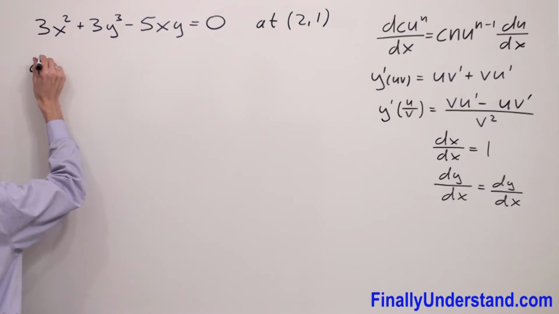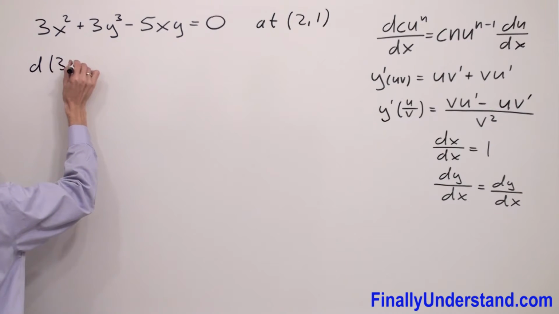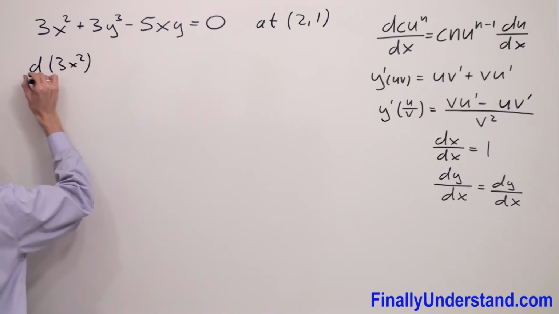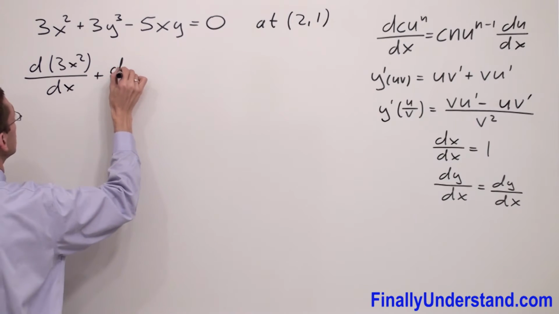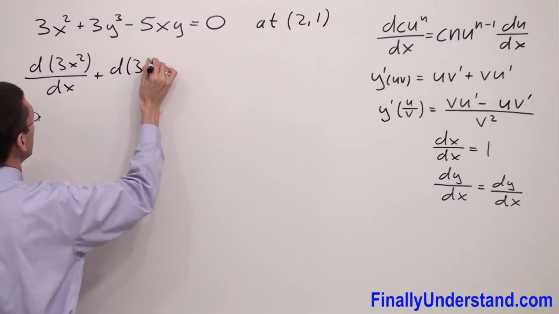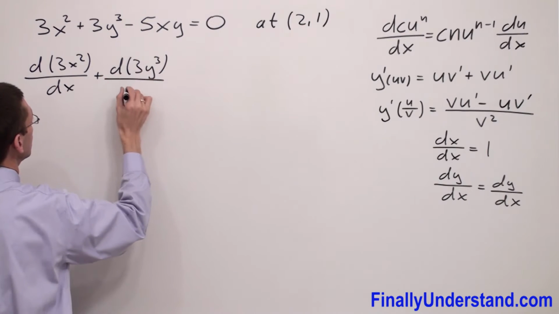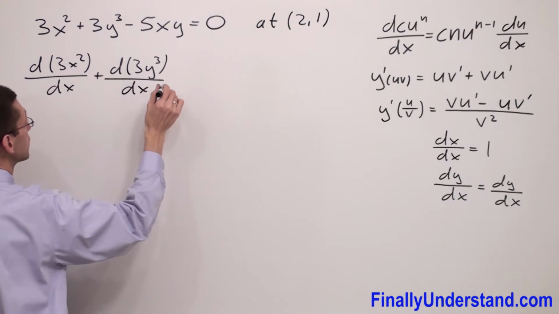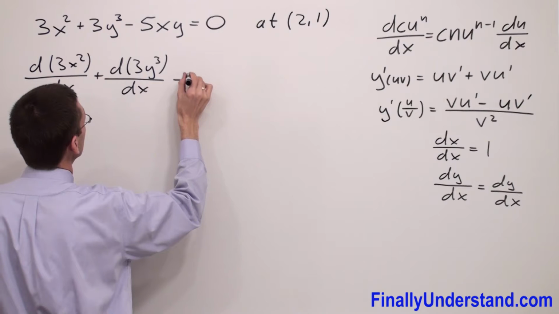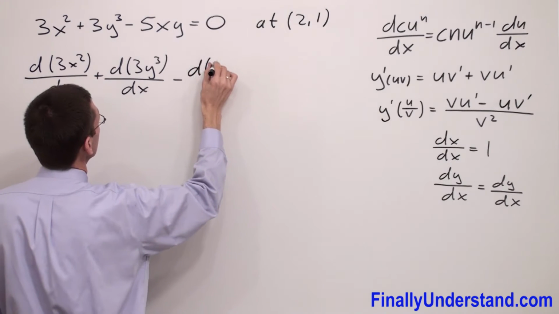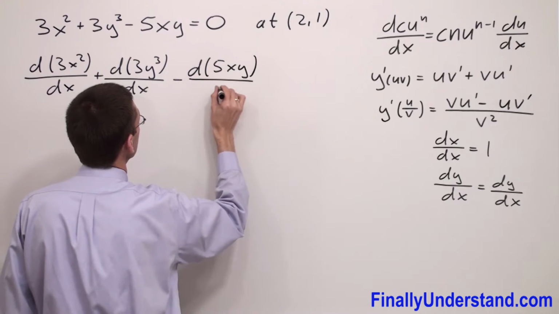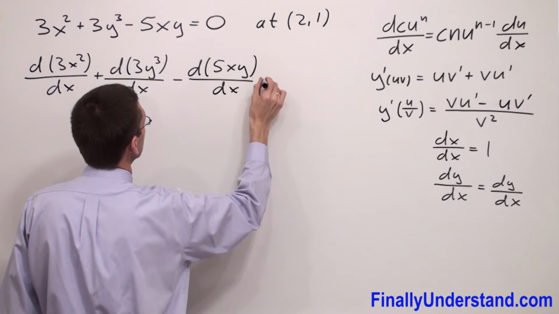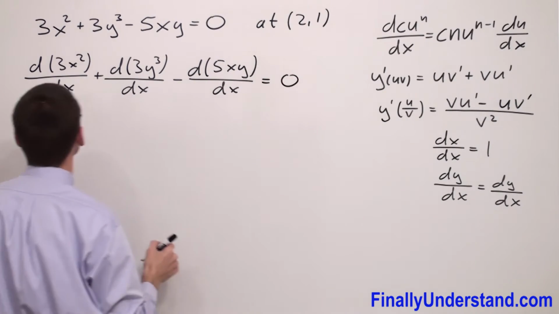So I have the derivative of 3x squared over dx, plus the derivative of 3y cubed over dx, minus the derivative of 5xy over dx, is equal to 0.